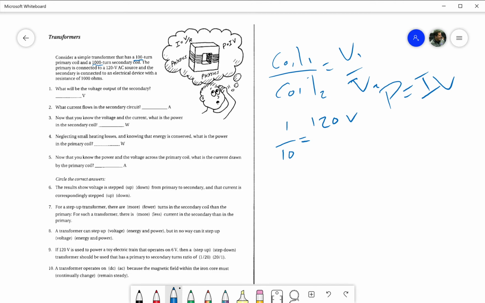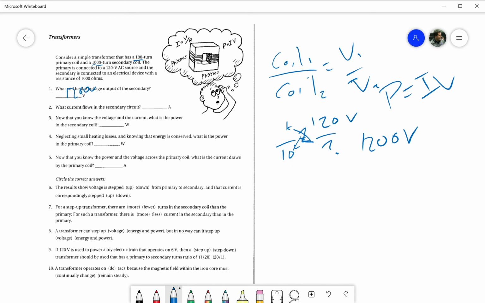DC will never work with a transformer. So the voltage of the secondary is going to be what? We just do our cross multiplication, and we get that the secondary voltage has to be 120 times 10, or 1200 volts.